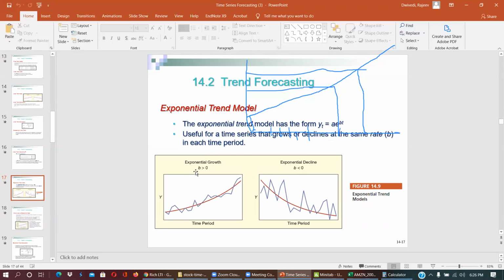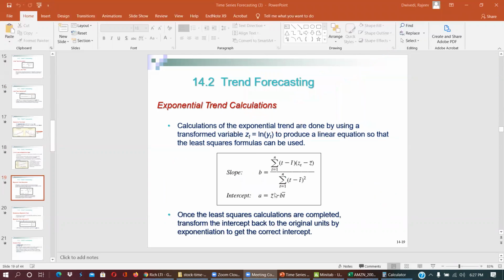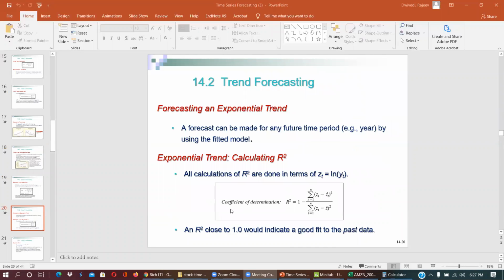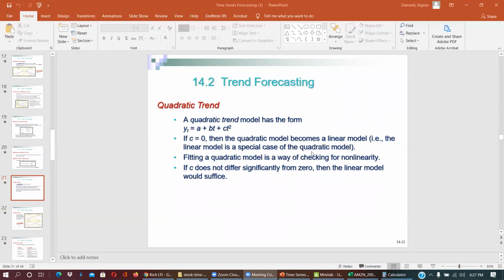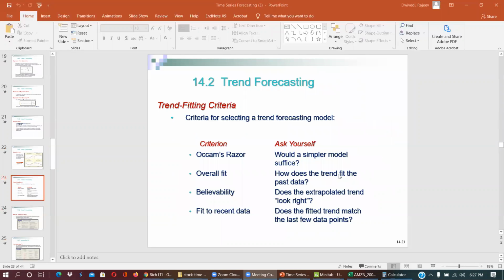Exponential trend model, we just saw the exponential trend model in our Minitab. So the equation of exponential is this: slope, intercept, coefficient of determination. Quadratic trend, we have just seen. So we are not going to remember all these things, but we can do everything in Minitab.